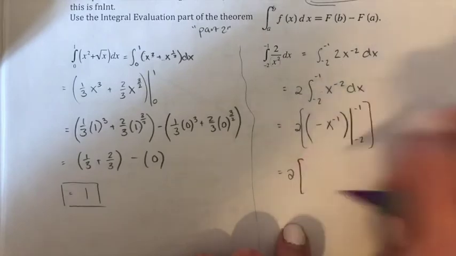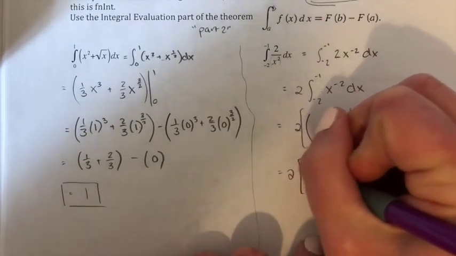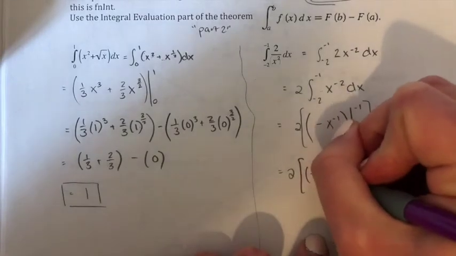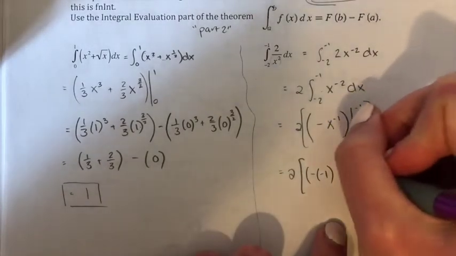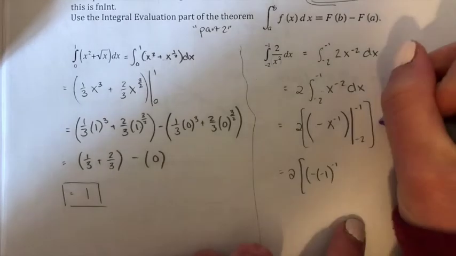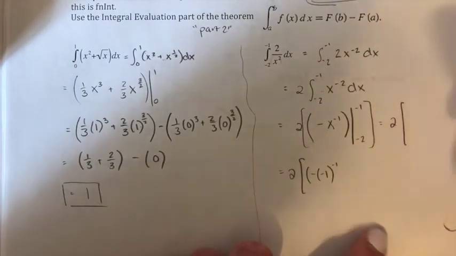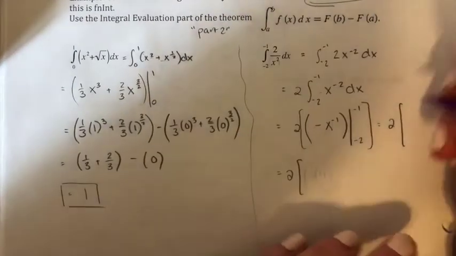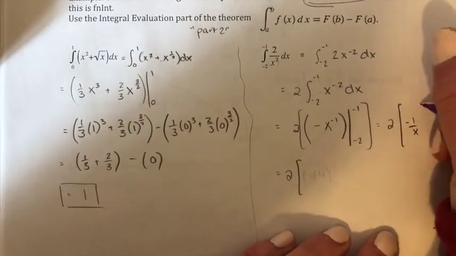So it's going to be 2 and then -1 to the -1. Or we could have written this as 2, maybe that's easier. Let's get rid of this. So this is -1 over x.